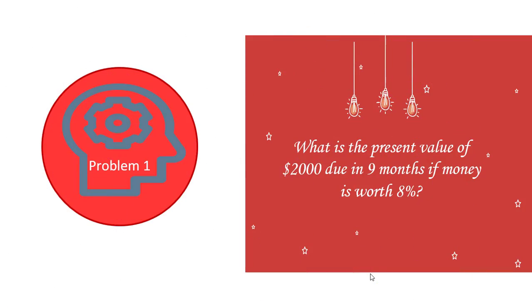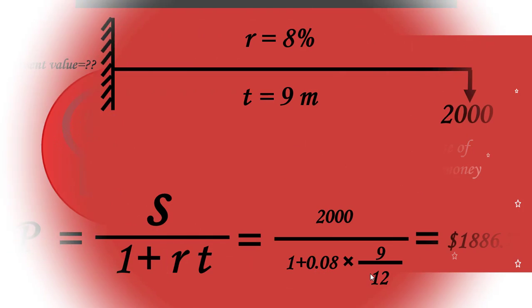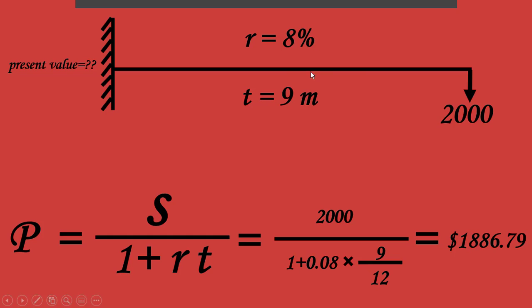The first problem: what is the present value of $2,000 due in 9 months if money is worth 8%? After drawing the timeline, S equals $2,000. $2,000 is the value at the end of 9 months, and we need to calculate the present value, or the value at the beginning of 9 months, with rate equal 8%.